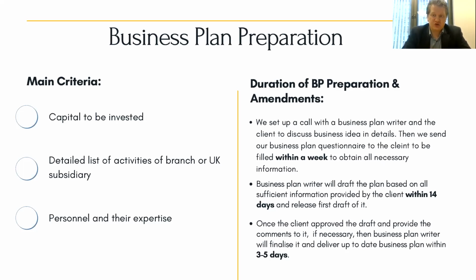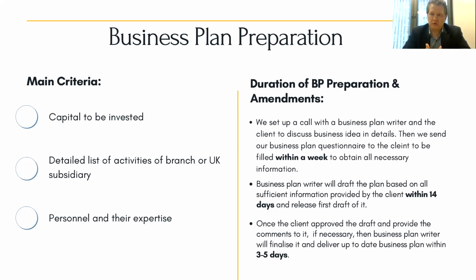So we suggest that we can look into clients who have a 150 to 100,000 pound annual turnover at least, and profits of at least 50,000 pounds in the overseas company. Why is it so?